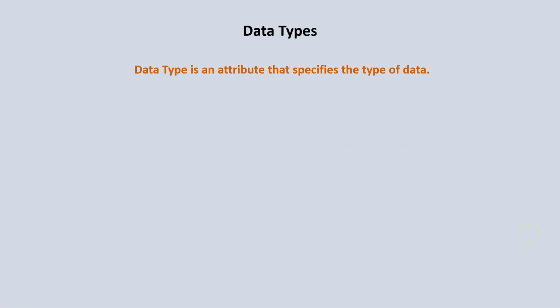Next, let's take a look at data types in SQL. Data type is an attribute that specifies the type of data. We have the numeric data type, string data type, and date data type. Under the numeric data type, we have two types of data that can be stored.